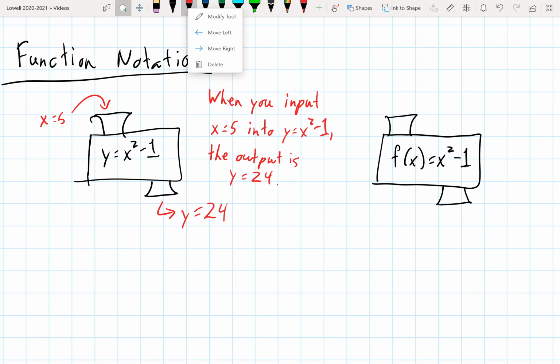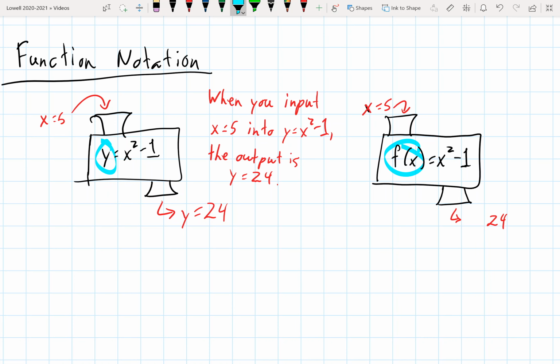The same thing happens here. You still input x equals 5, and the output is still 24, because it's the same rule. So we're essentially just turning that y into this f parentheses x thing.